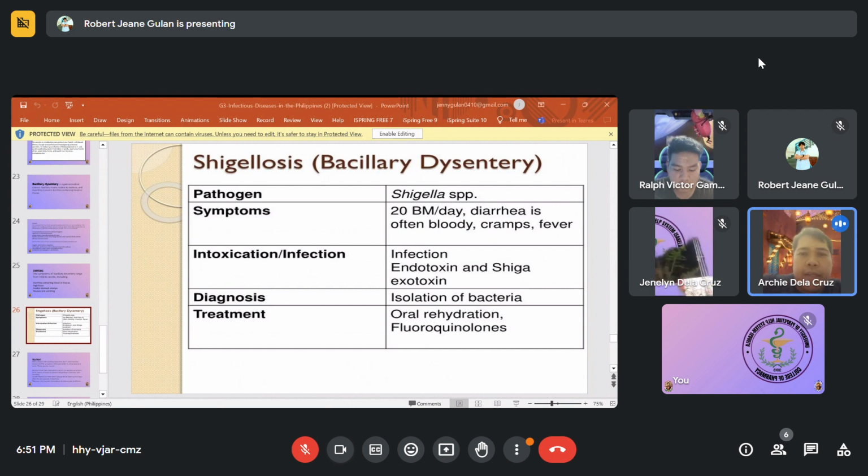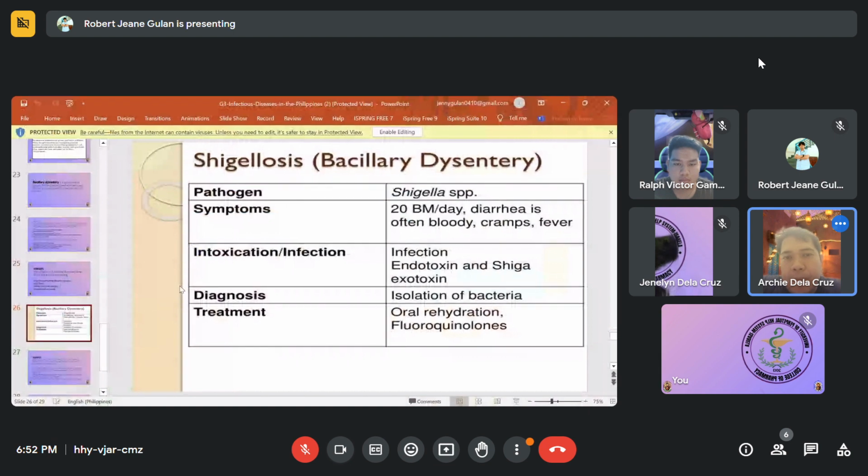The intoxication, yan, the infection, endotoxin, and Shiga exotoxin. The diagnosis is isolation of bacteria. The treatment: oral rehydration, fluoroquinolones. Next tayo.